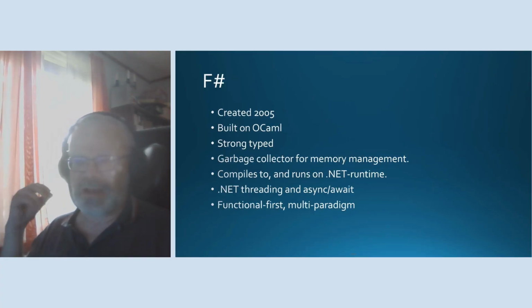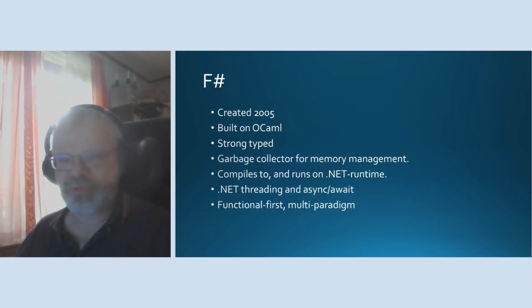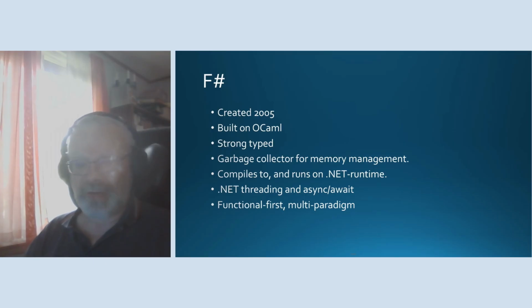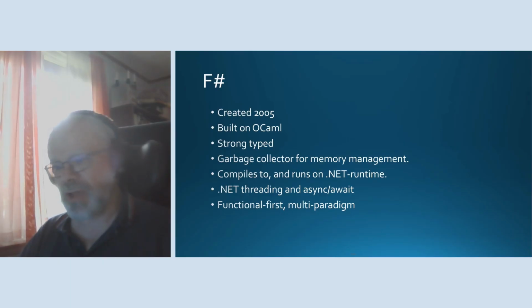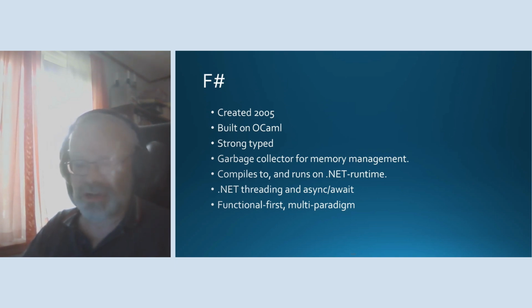If we look at F#, that was created in 2005. It's built directly on OCaml. It is also strong typed, but it uses a garbage collector for memory management. And there's a big difference. It compiles to and runs on the .NET runtime, which means it has the .NET garbage collector.